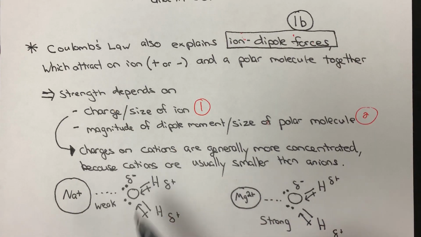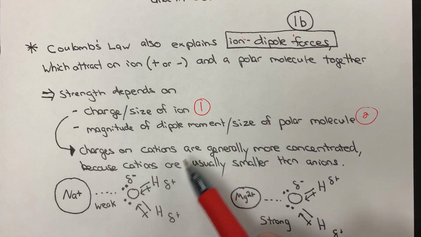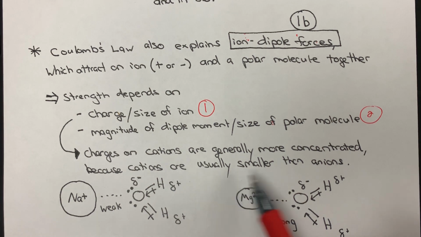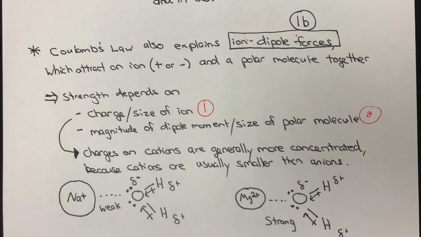When we talk about the size of an ion, normally the intermolecular force for an ion-dipole is going to be larger with a cation, simply because cations are usually smaller than their anion, if we're talking about, say, some isoelectronic series. And because it's smaller, that charge is going to be a little bit more concentrated.